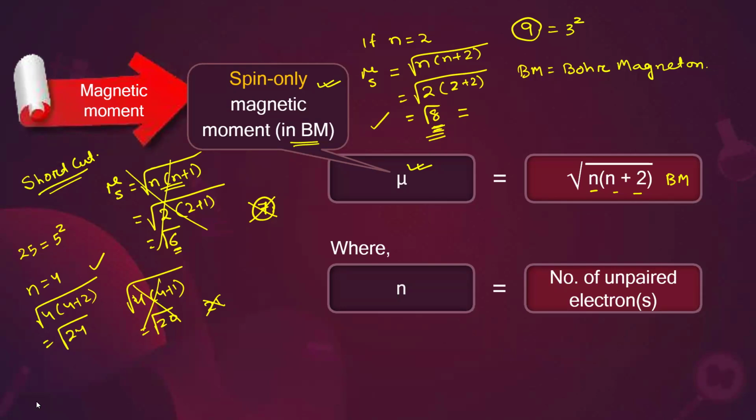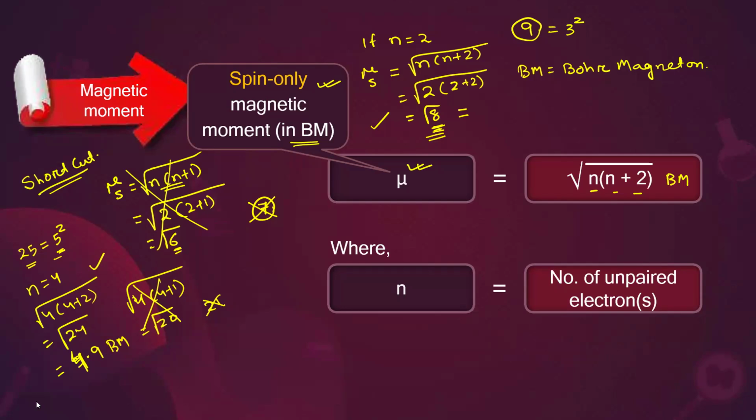If you know the next digit is 25 and root over of 25 is 5, then you can write the answer directly. Root over of 24 will be near about 4.9, just below 5. Write the unit BM.